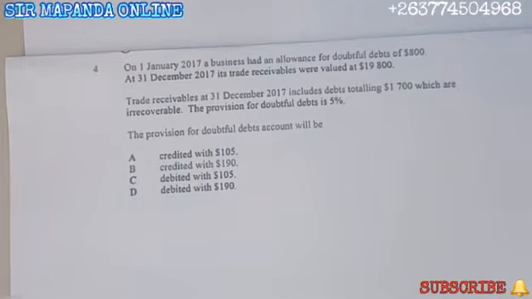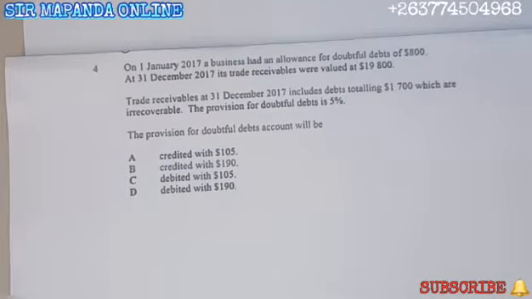Trade receivables at 31 December 2017, referring to this 19,800, includes debts totaling 1,700, which are irrecoverable. If you see the word irrecoverable, it means bad debts. So bad debts must be written off from trade receivables before you multiply with this 5%.